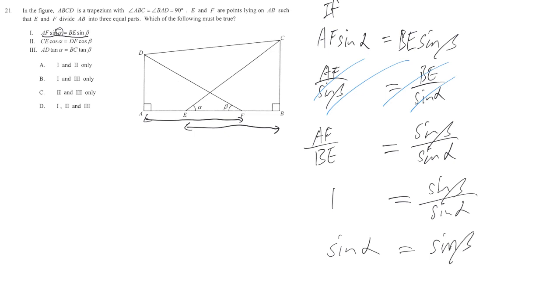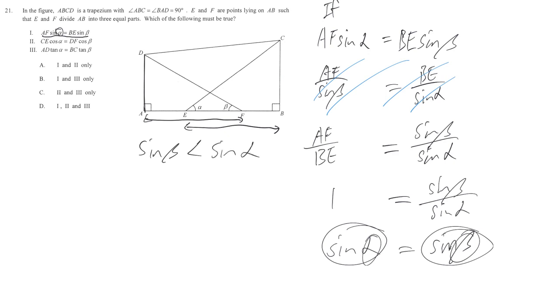That means if the statement 1 is correct, then sine alpha will equal sine beta. The only possibility is alpha equal to beta in this situation. But however, this line is obviously smaller than this line. So we know that sine beta should be smaller than sine alpha, which contradicts with the condition. So the first statement is wrong.